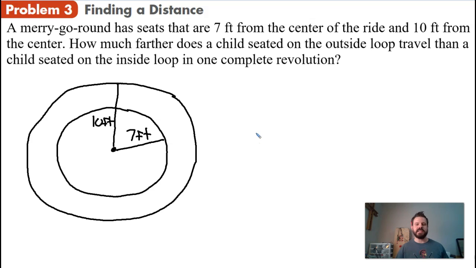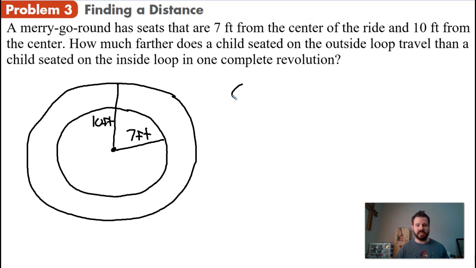And we want to figure out how much further does a child sitting on the outside travel in one revolution as opposed to a child sitting on the inside. Since the outer is a bigger circle, that child needs to go farther. So in other words, I want to know the difference between the circumferences of these two circles.